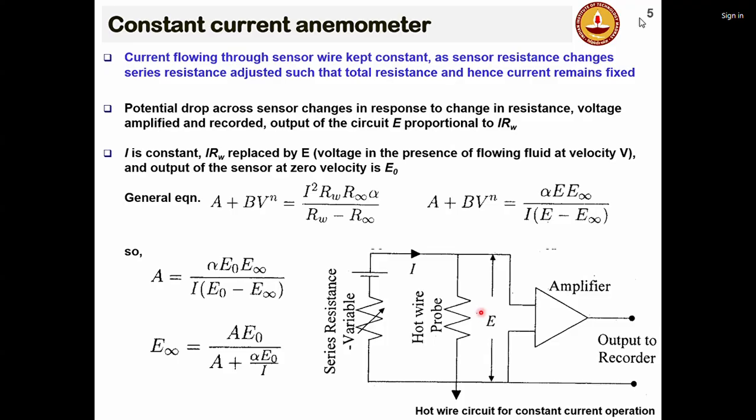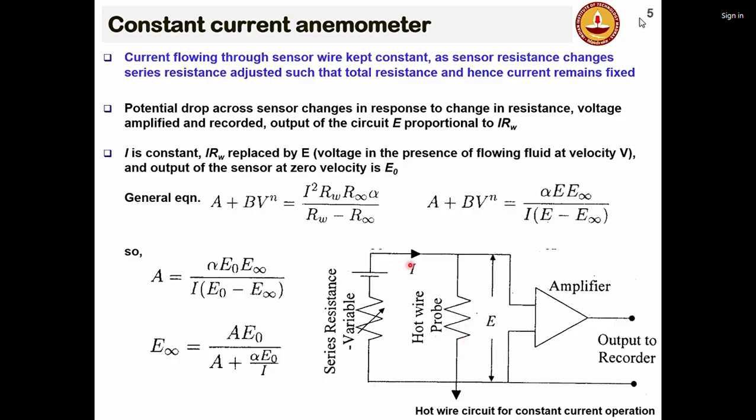Now, when the current is constant, okay, the current is constant. So this is basically hardware probe. It is heated. So you have flow over the hardware probe. When the flow happens, the temperature goes down, right? And when the temperature goes down, the resistance would also go down. When the resistance would go down, the current in the circuit would change, right?